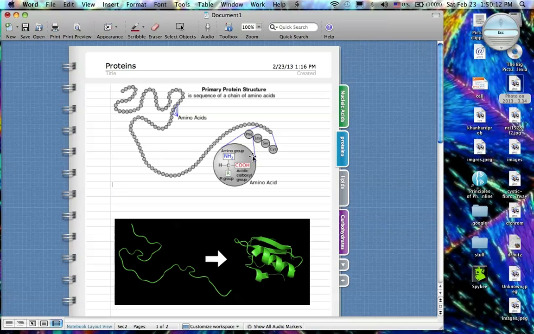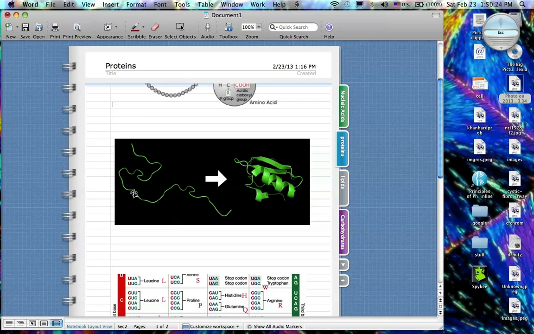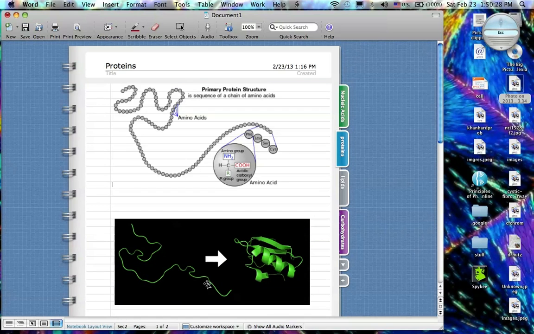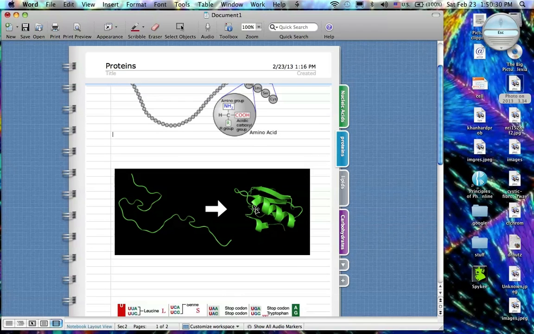Now, an amino acid chain isn't yet a protein. It then has to bond with itself and fold up. It folds up from a loose, long string like this structure here, and this structure here is the same, and then it goes to this structure here, and it gets all folded up into its final shape.